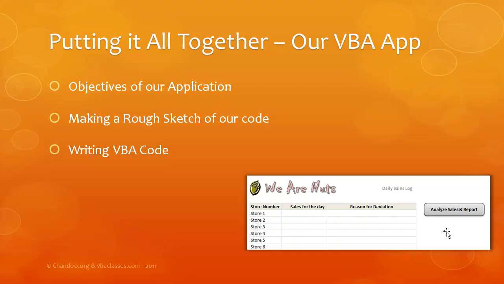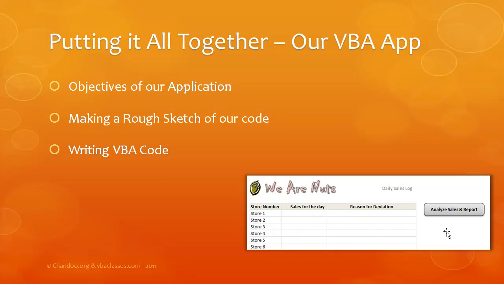In this part of the video, we'll try to understand the objectives of our application. What is it that we are trying to achieve here? Then we will make a rough sketch of our code even before we write it, because this is not a simple 1 plus 2 kind of thing. It is slightly more complicated, so we need to plan for it.